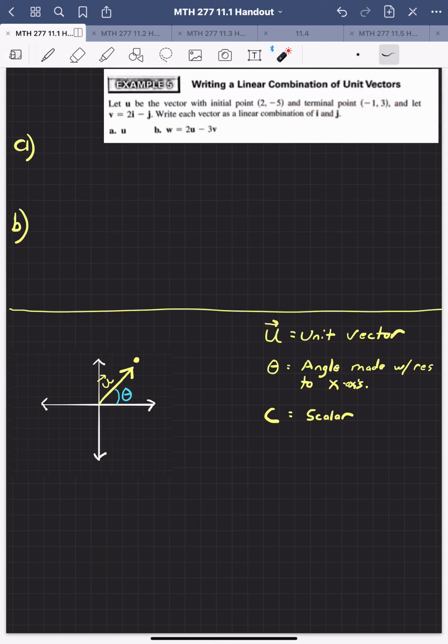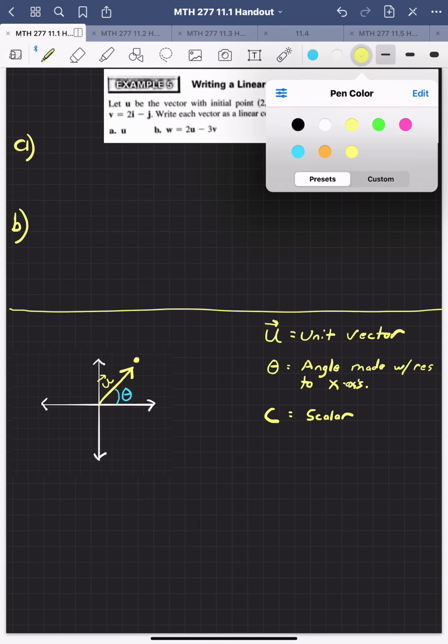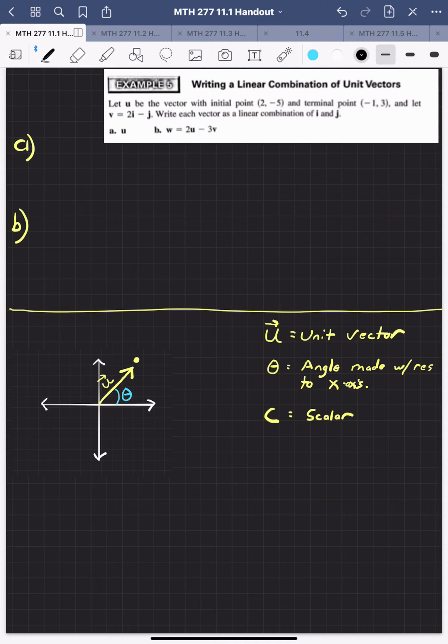While I'm going through this, I'm going to label this point P and this point Q. So in that case, we have u starting at P and proceeding to Q.